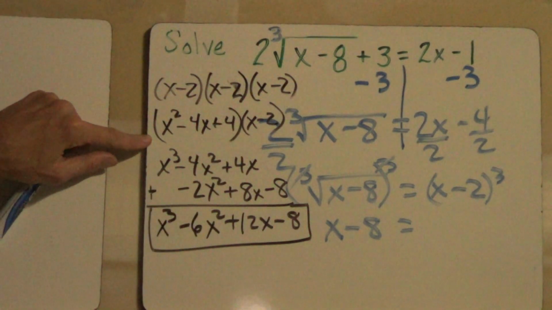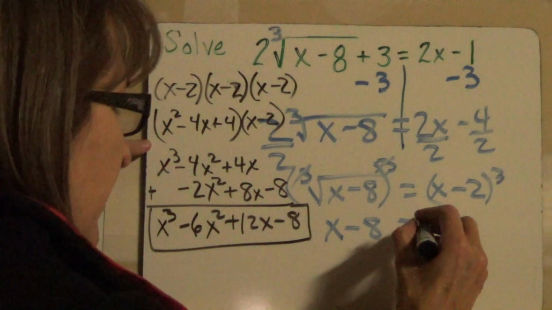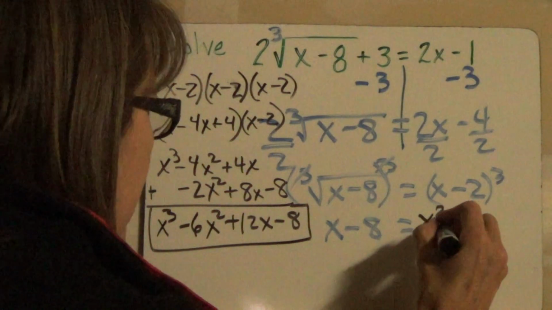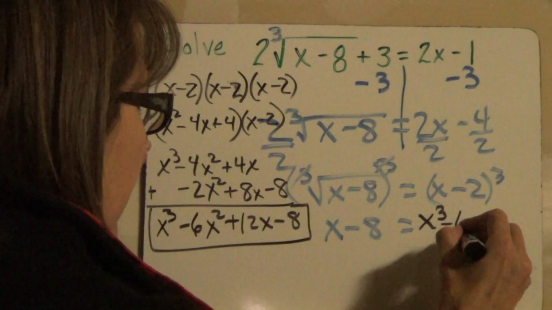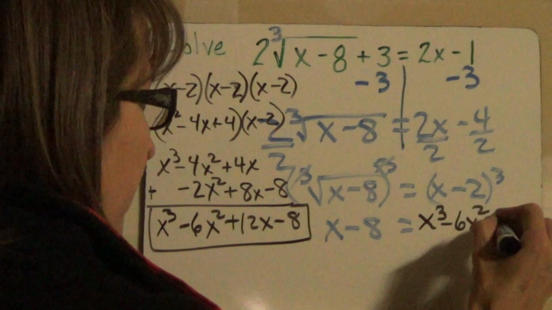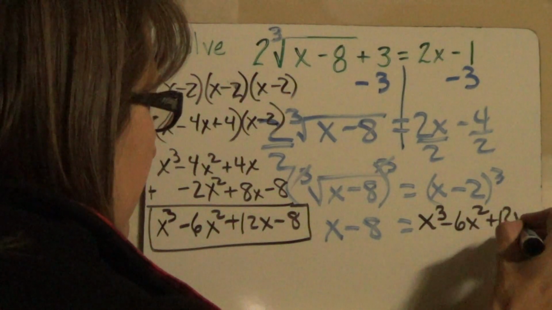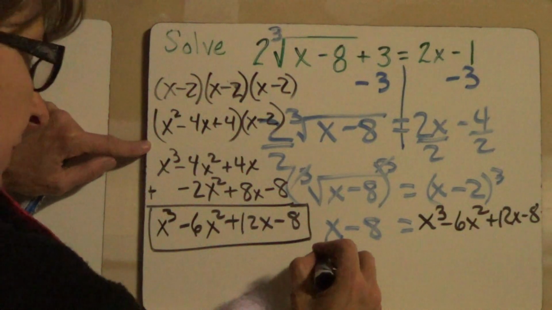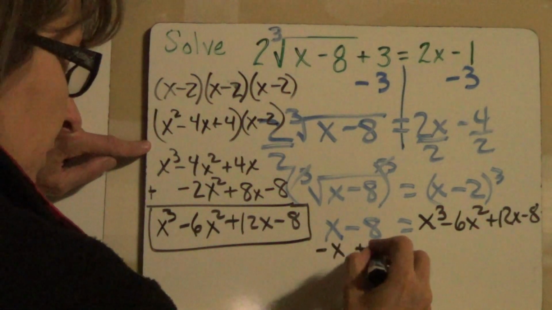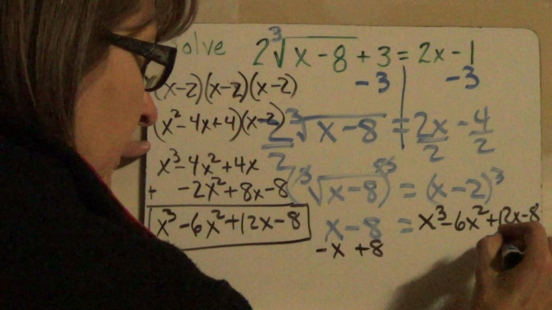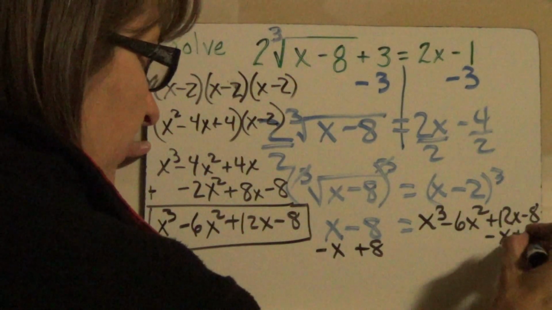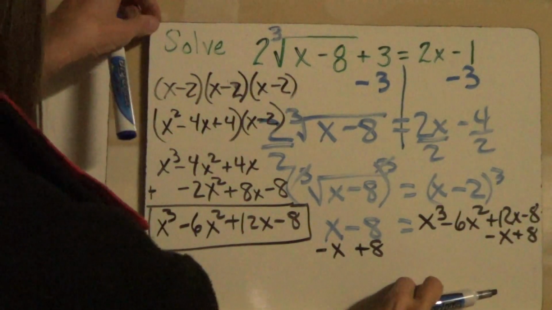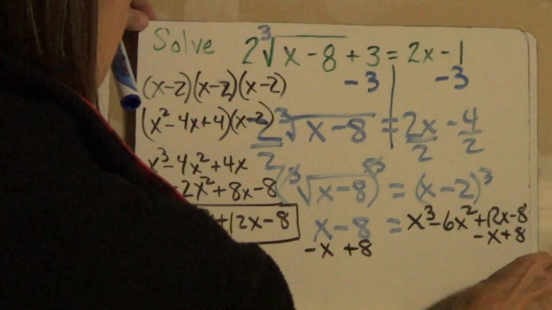Okay? So that goes right over here. X cubed minus 6x squared plus 12x minus 8. And we would get rid of these on this side, set it to 0. Minus x plus 8. And hopefully I have a blank board here that I can use.